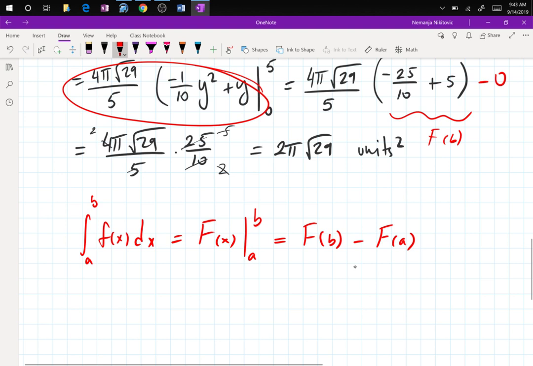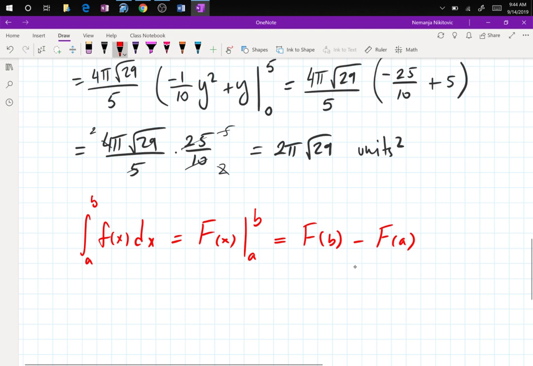When you plug in 0 into y's, they're just 0. You are not always going to omit 0. E to the 0 is 1. And cosine of 0 is 1 as well. So you're not always ignoring zeros.